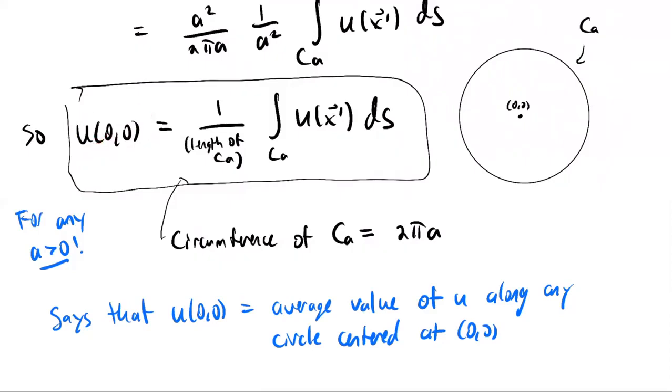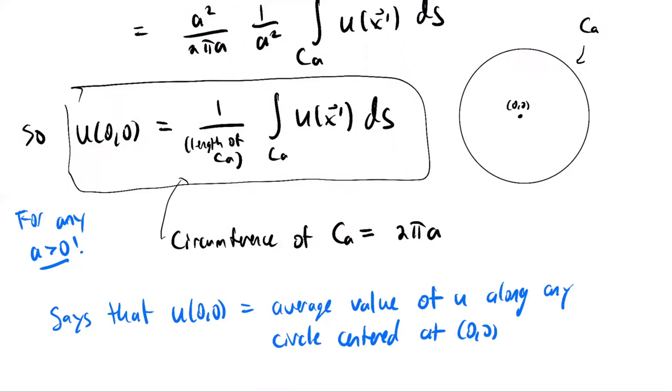And actually, we're going to be able to deduce from this formula, along with the translation invariance of the Laplacian, that this is actually true at any point where u is harmonic, as long as, in a suitable sense, it's harmonic everywhere in the disk, right?